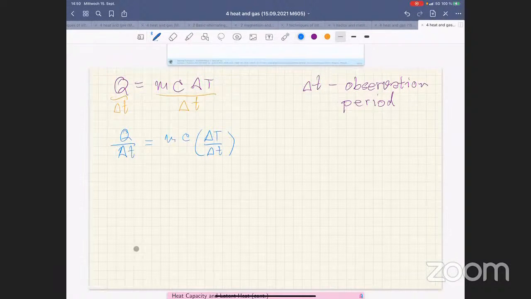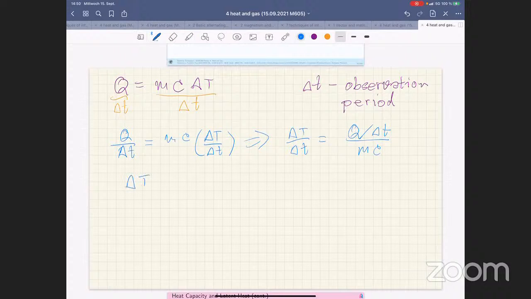So we would have the arrangement where we would get delta T by delta small t equals Q by delta small t by M and C. All right, let's substitute everything.